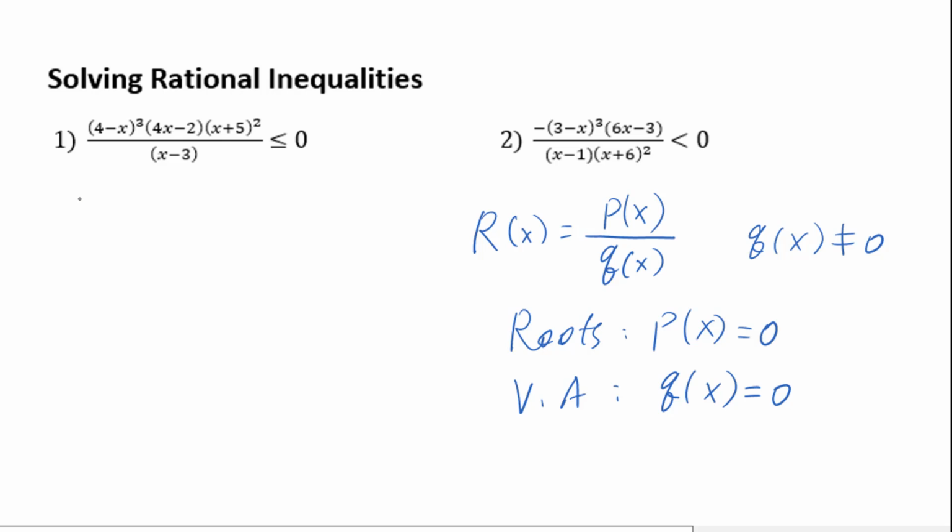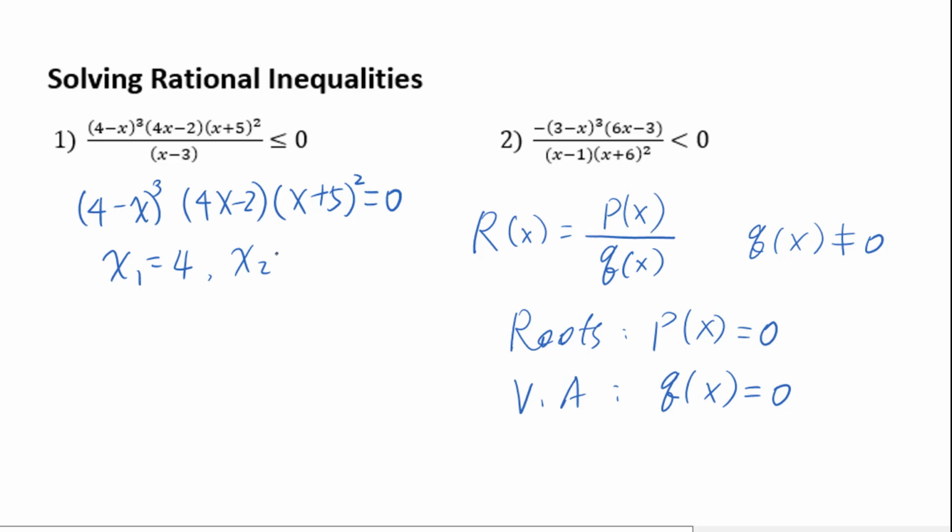So we set up 4 minus x to the third power times 4x minus 2 times x plus 5 squared equals 0. We will get x1 equals 4, x2 equals 1 over 2, x3 equals negative 5. We set x minus 3 equals 0, x equals 3.